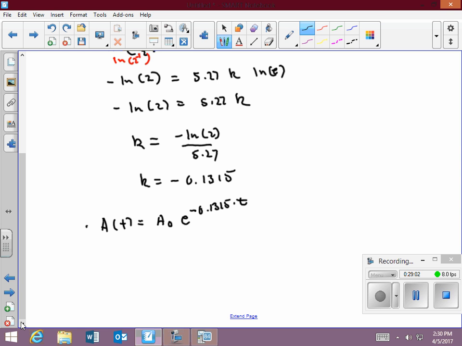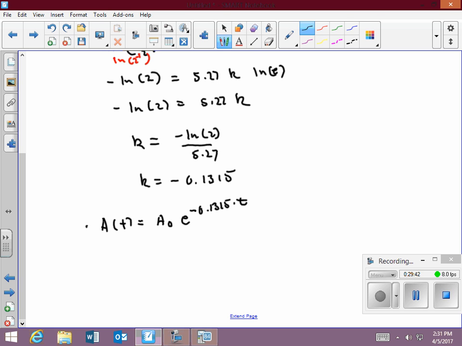Then bulleted point 3 says determine how long it takes for 90% of the material to decay. Round your answer to 2 decimal places. If 90% of the material decays, how much is left? This says that you have 50 grams to start with. So what is it asking for? 10% left, right? 90% decayed means 10% left.